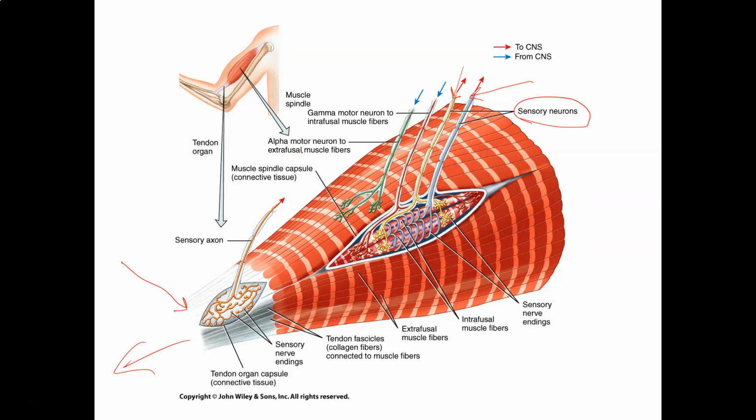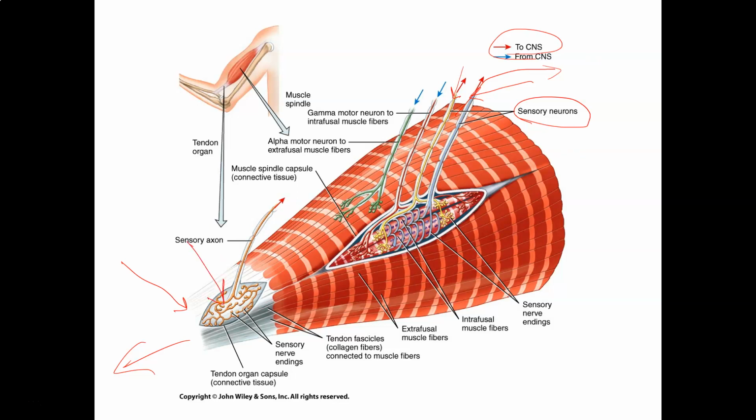But there are some sensory neurons. And notice how they come in to the muscle and they wrap their dendrites around some of the muscle fibers in the muscle. So when you contract and relax your muscle, it's going to stretch, mechanically stimulate them, and it will generate nerve impulses, action potentials that are going to go away from your muscle to your central nervous system to be processed, sensory input.